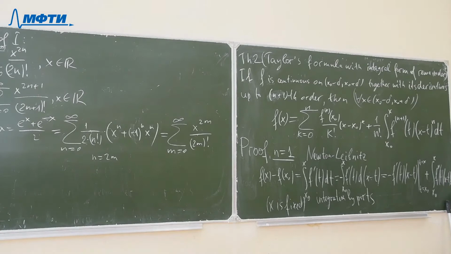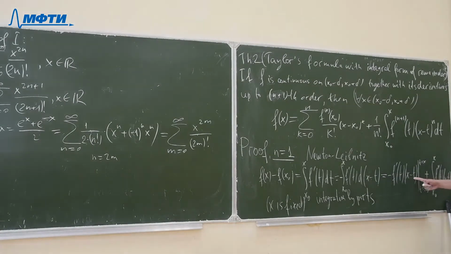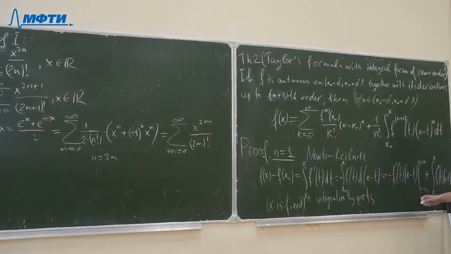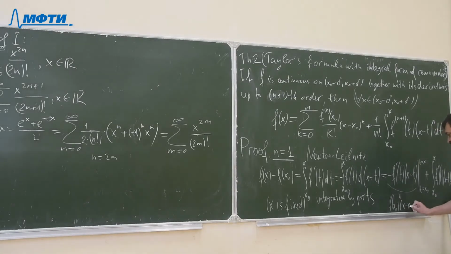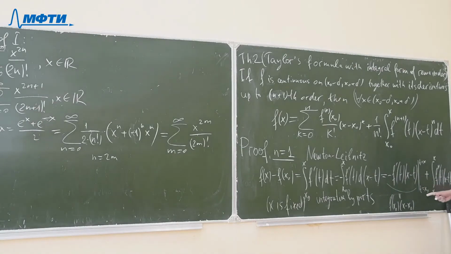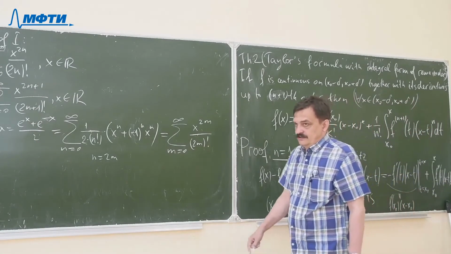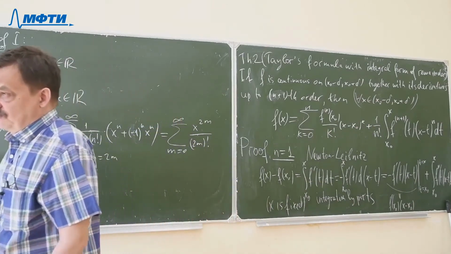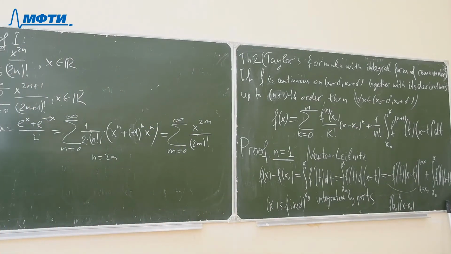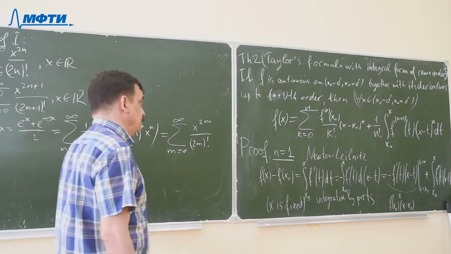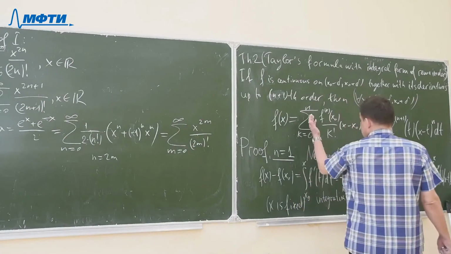What remains? So if we substitute t equals to x, we obtain 0. So this term is equal to f prime at x naught times x minus x naught. And minus disappears because of lower limit substitution. And it means that indeed we obtain the formula for n equals to 1.